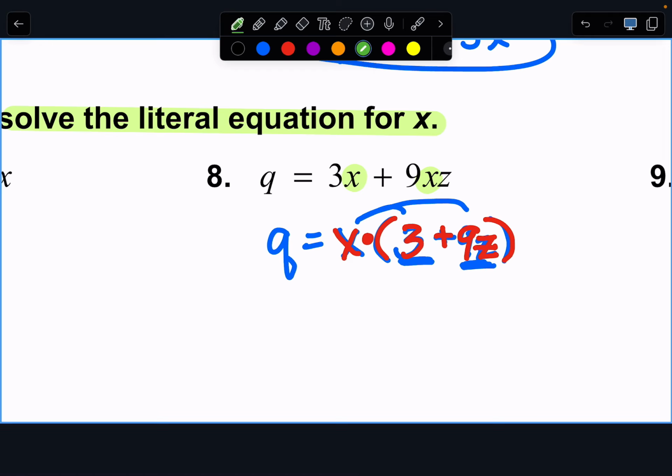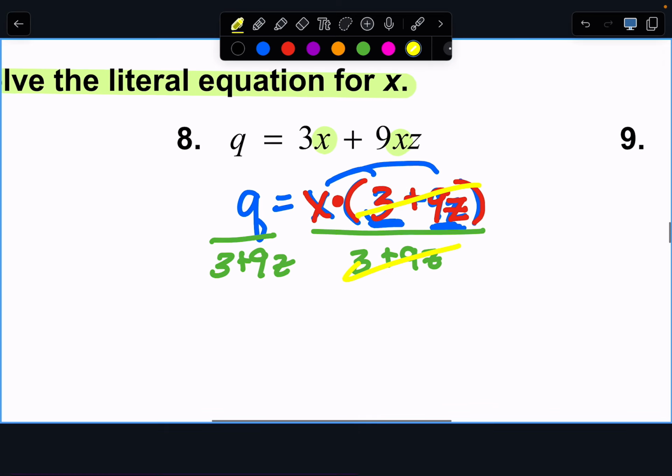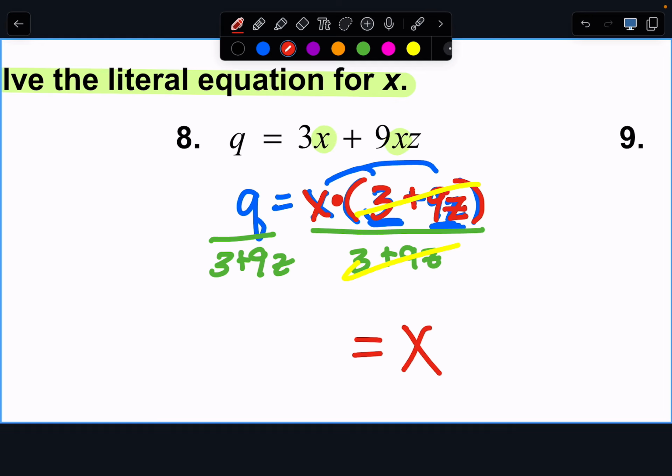So we're going to divide both sides by 3 plus 9z. Since x was being multiplied to this chunk of stuff, I divided that chunk of stuff over to the other side.